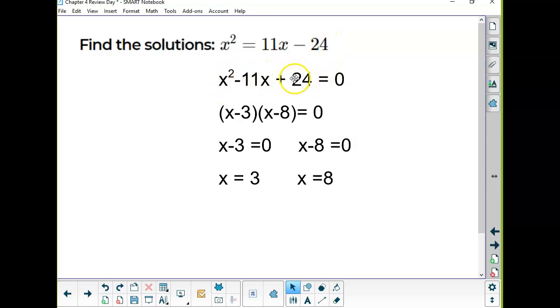Now at this point, this is another option where you don't have to show the box with the circle in it, because you could probably factor this in your head. How do we get 24? Well, 3 times 8 gives me 24 and adds up to give me 11, but both the 3 and the 8 need to be negative. So then my factors are x minus 3, x minus 8.